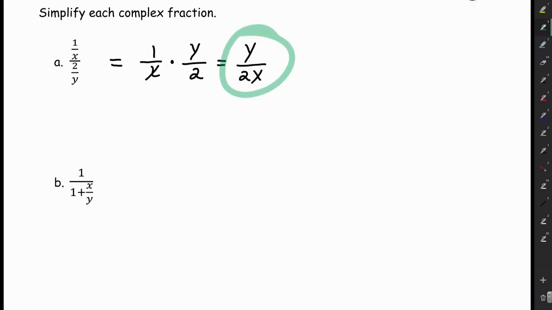Well, before we can multiply by the reciprocal in the denominator, we have to clean up the denominator. We have to find a common denominator. So, all right, bear with me here now. Let's rewrite this. First of all, what does this mean? We have 1 over 1 plus x over y.